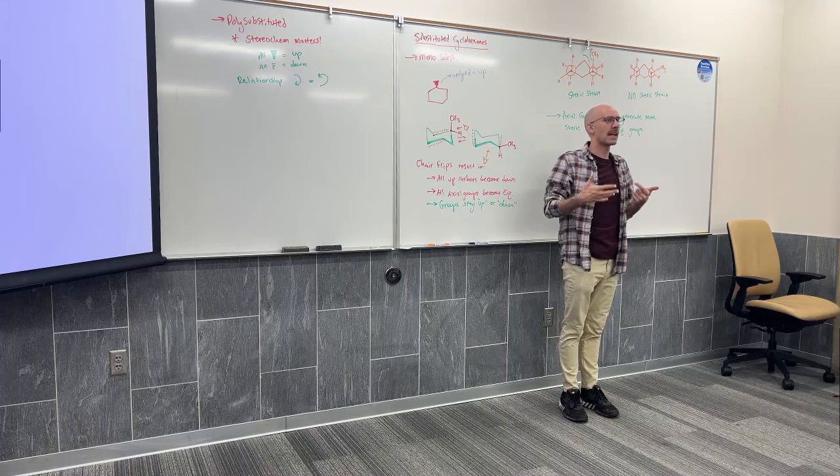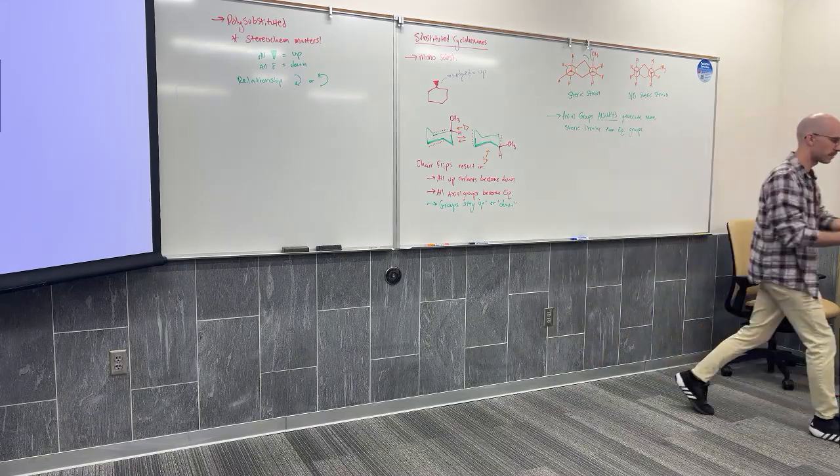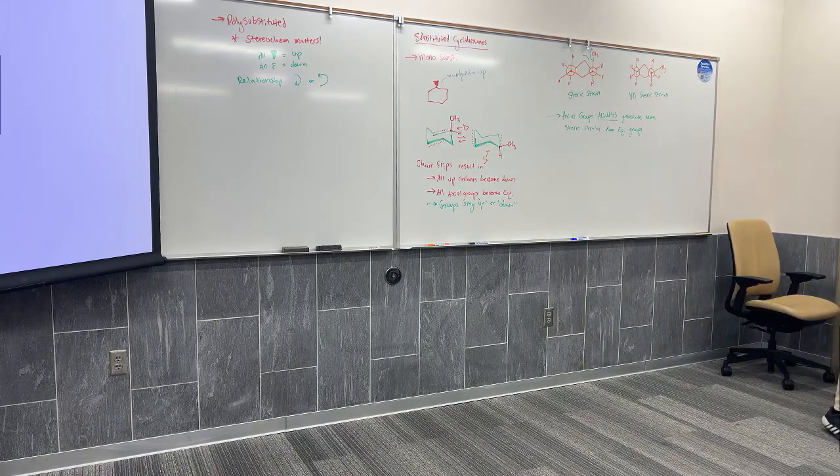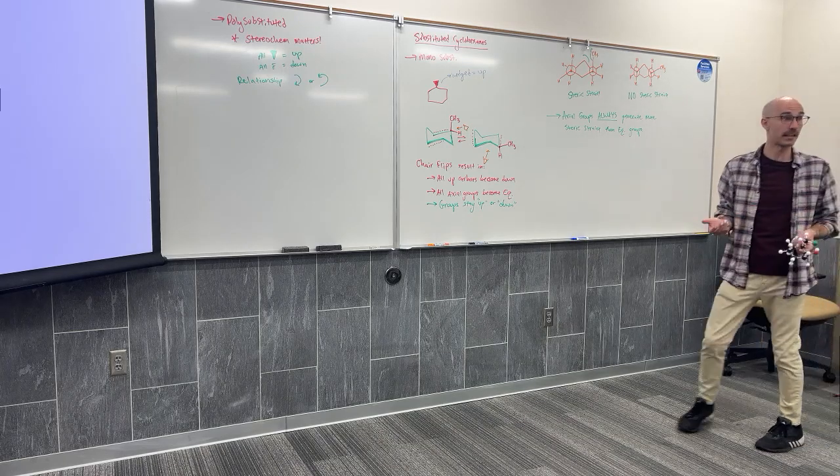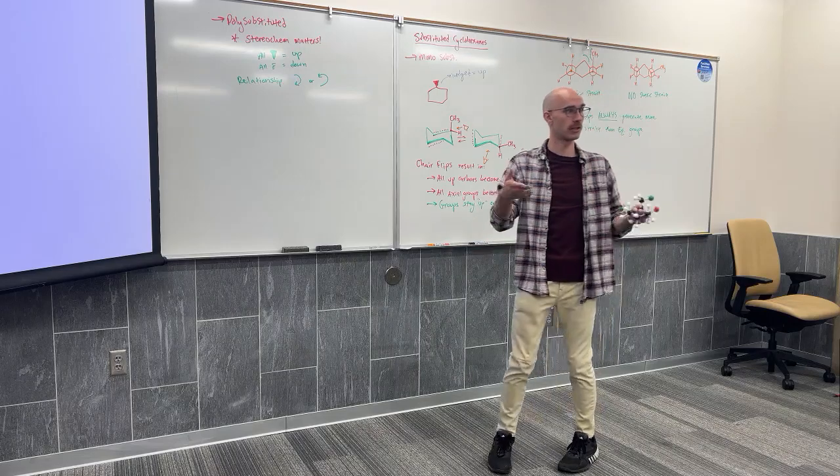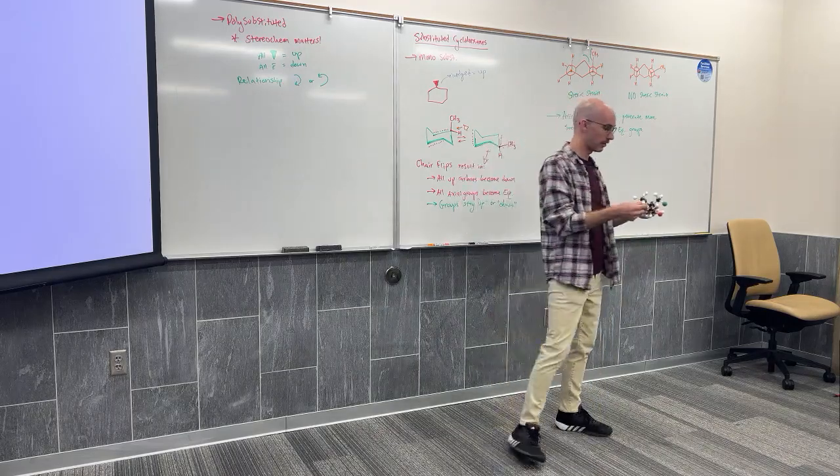It changes how the molecule physically takes up space, so we need to pay attention when we convert these top-down views into our chair conformations, and vice versa when we take a chair conformation and convert it into a top-down view.